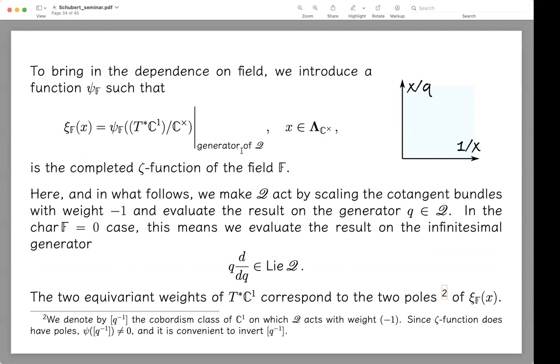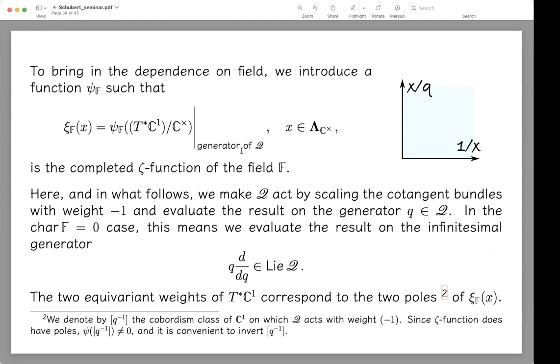And we would also need dependence on the field. The dependence on the field works like this. The completed zeta function satisfies a functional equation relating s and 1 minus s.